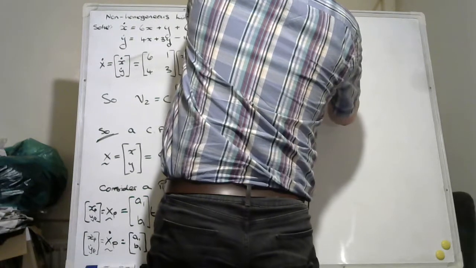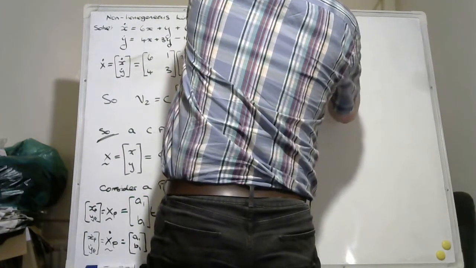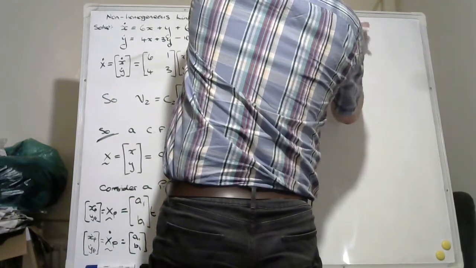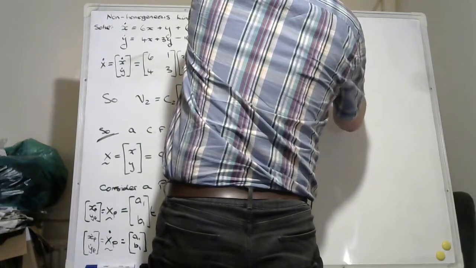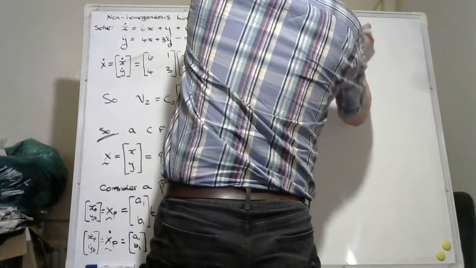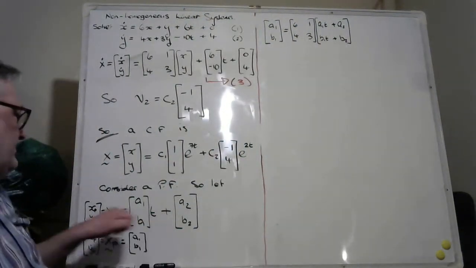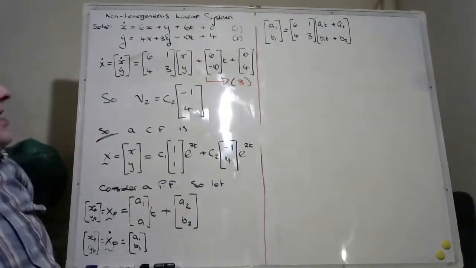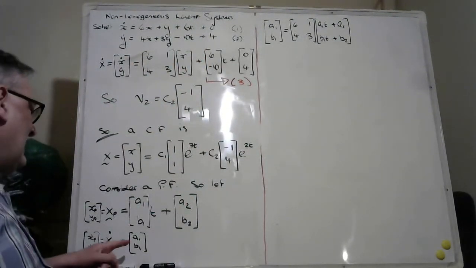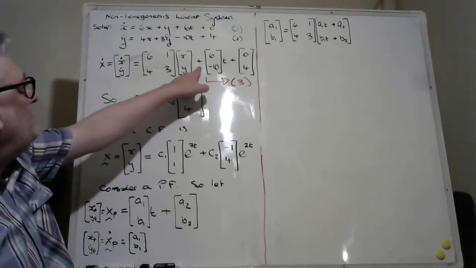So we've got A1t plus A2 and B1t plus B2. So we've substituted that in for x, y vector there, and there's something else we have to add on.